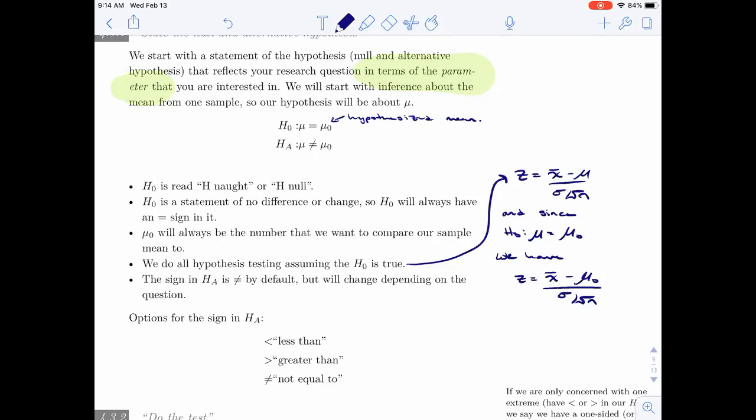So you've got less than, or you can use greater than, or not equal to, which is just going to come from the question.